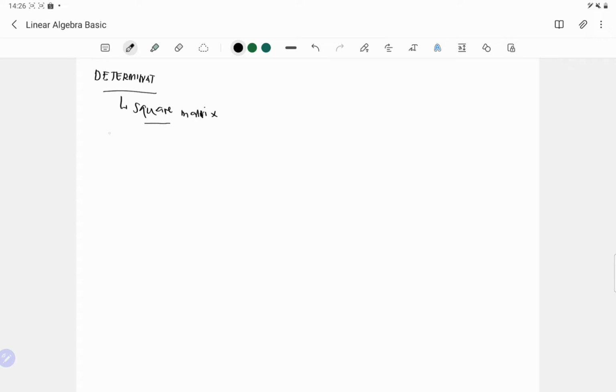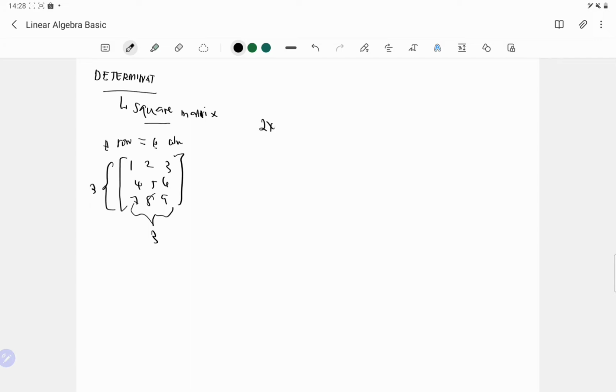Square matrix means the number of rows is equal to the number of columns. For example, this 1, 2, 3, 4, 5, 6, and 8, 9. The number of rows is 3 and the number of columns is 3, or 2 by 2, or 5 by 5, or 10 by 10. That's what we call a square matrix.